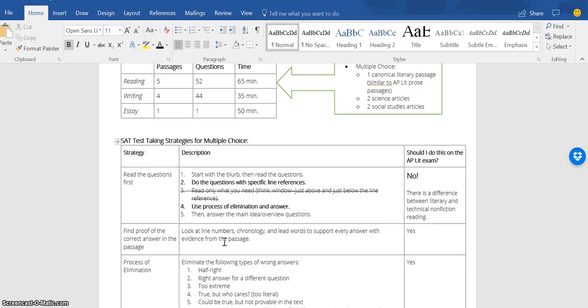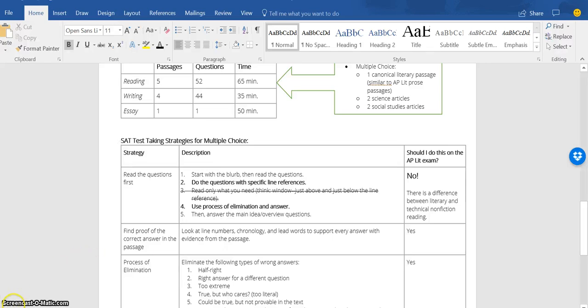That will work on the SAT when it comes to technical nonfiction reading, and it does not work for the AP Lit exam because, like I said 5,000 times by now, you have to have a good understanding of the entire passage, including theme, to answer the multiple choice questions well. So you must read the entire passage on the AP Lit exam, understand it literally, understand it figuratively, understand it thematically before you go on to the multiple choice questions. You have to read the whole thing.